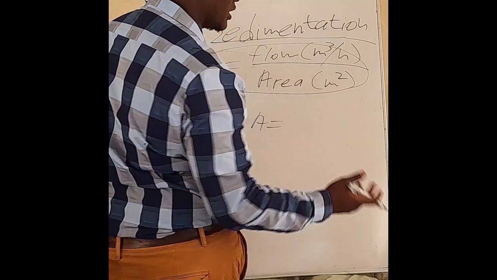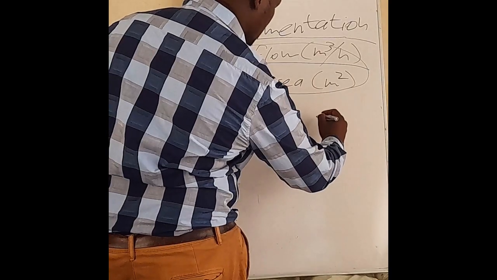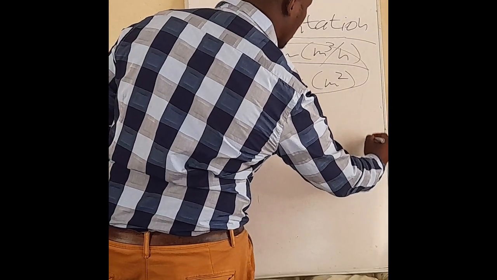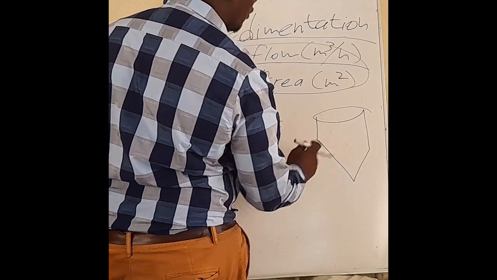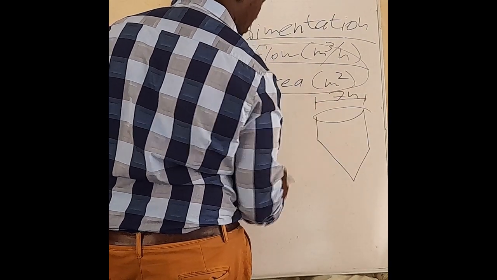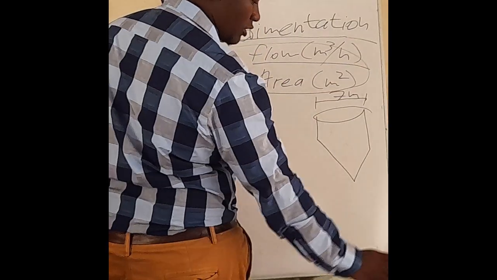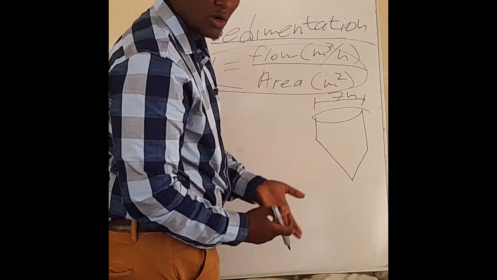We said we are using our diameter of our tank. We said it's 7 meters. Okay, so we just have to calculate our area, because earlier on we just calculated the whole volume of the tank.